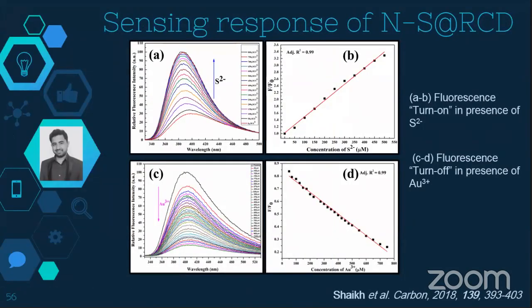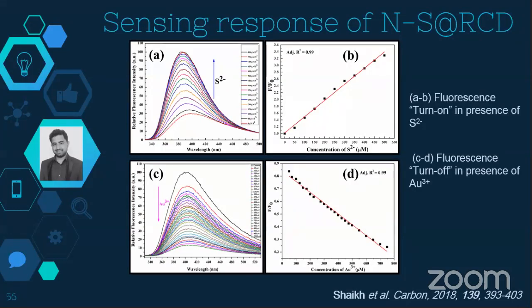The sensing response for NS-RCT, that is using the rose petal, we have made this particular fluorescence sensor, carbon dots, which is used for sensing sulfide ion as a turn on sensor. So when you have a carbon dot, which is still fluorescent in nature, when you add sulfide, it is turning on, the fluorescence intensity keeps increasing.